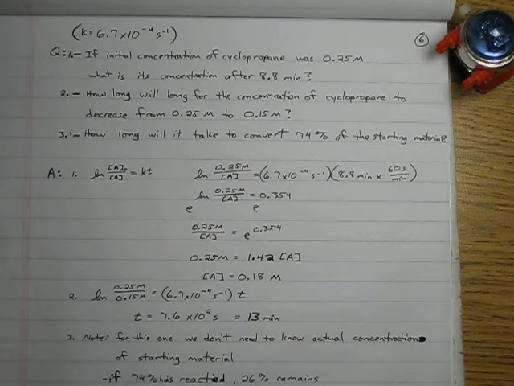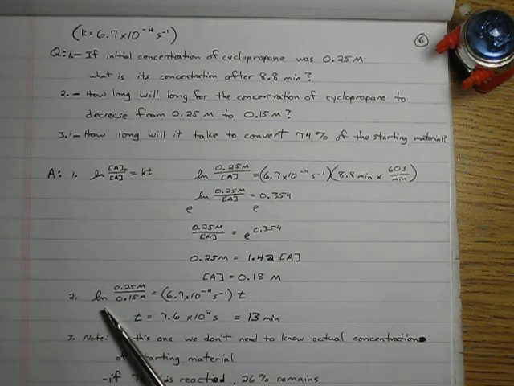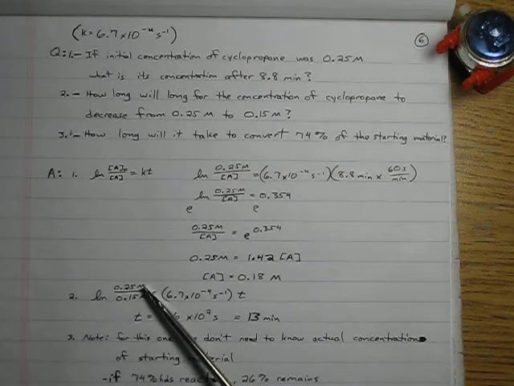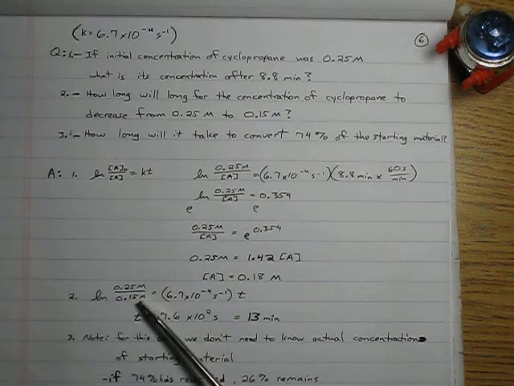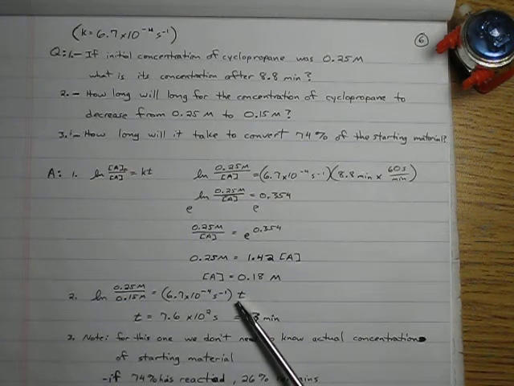Okay. Second question, how long for the concentration of cyclopropane to decrease from 0.25 molar to 0.15 molar? Well, same equation. We just have to put in the different variables. Natural log of A naught, 0.25 molar, over A, 0.15 molar, which we're given, equals our rate constant times the time.